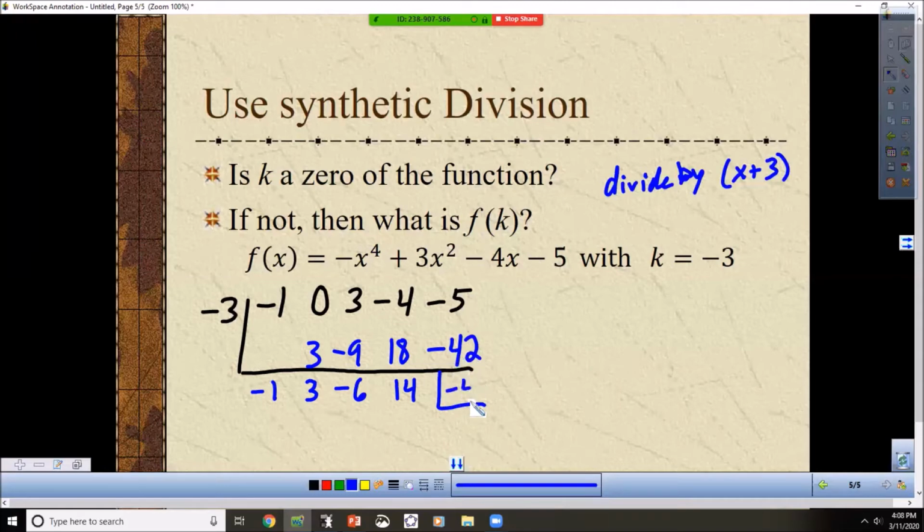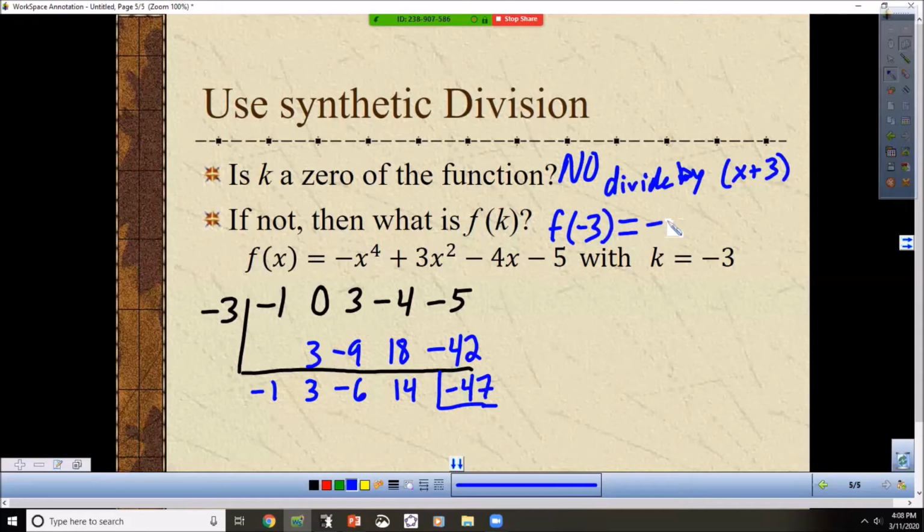That is negative 47. So the answer to the first question, is k a 0 of the function? No, my remainder did not come out 0. If not, then what is f of k? Well, the function at negative 3 is the same as that remainder.